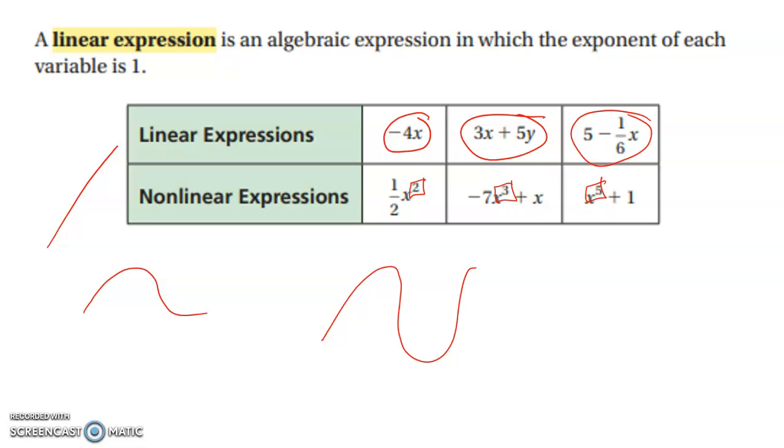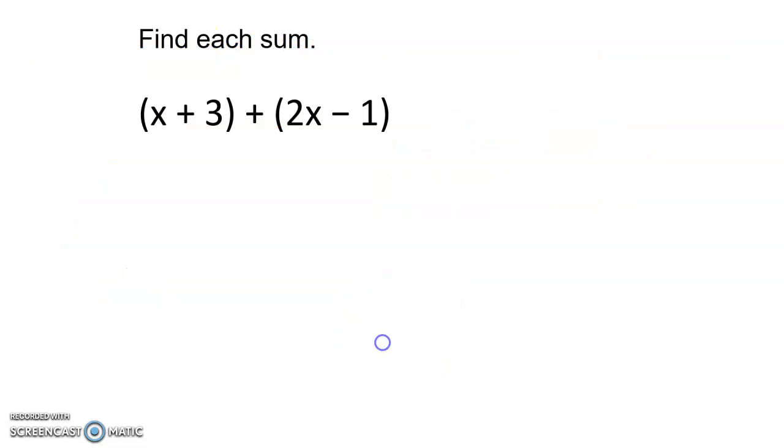So if we are going to add linear expressions, I like to stack them. Let's go ahead and take the x plus 3, and then the 2x I put under the x, because you're matching up like terms, and then the minus 1 goes here.